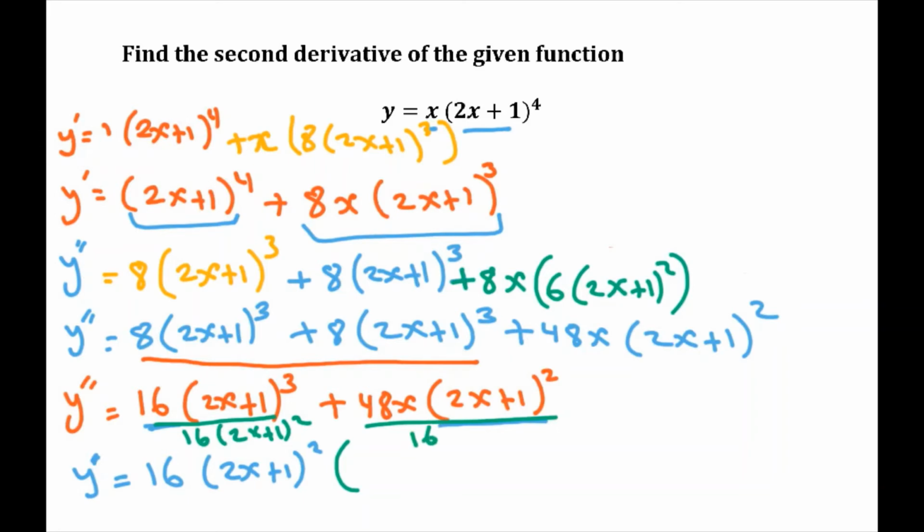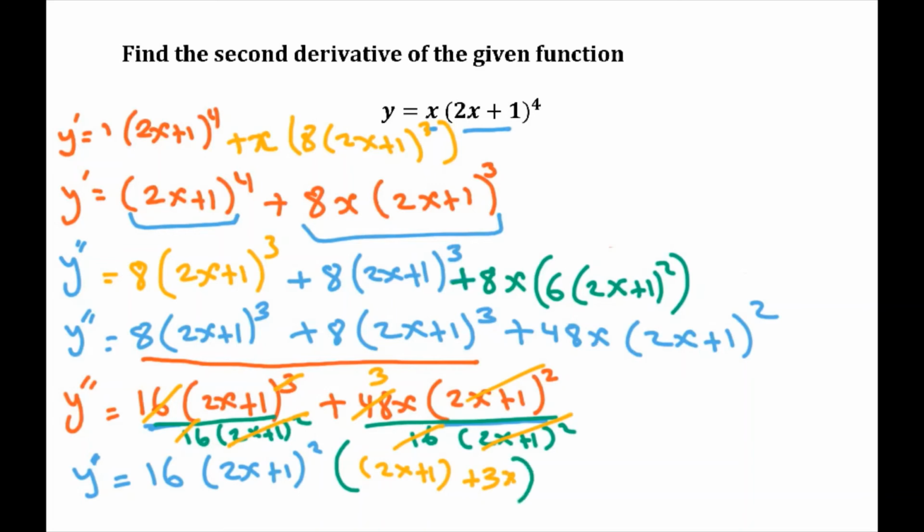So what's going to happen? 16 will go with 16, and (2x plus 1) squared will go with two of these, so it's going to be 2x plus 1. Here 16 with 48 will be 3, and this will cross out, plus 3x.